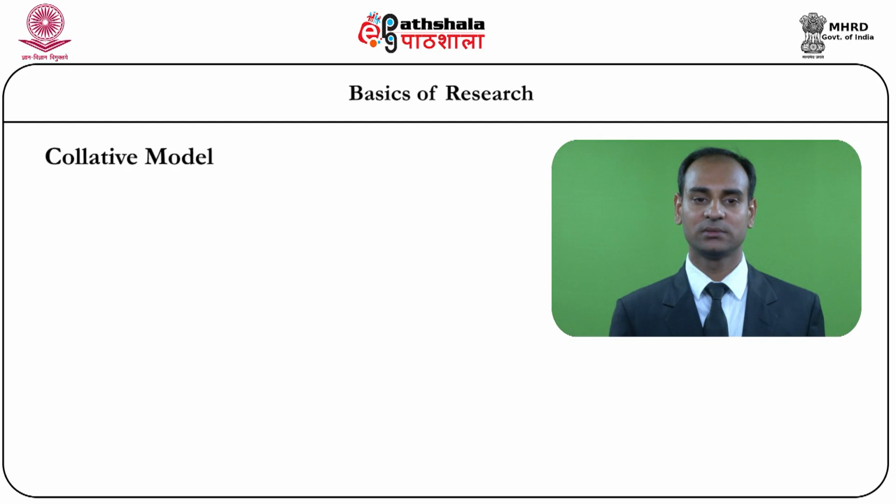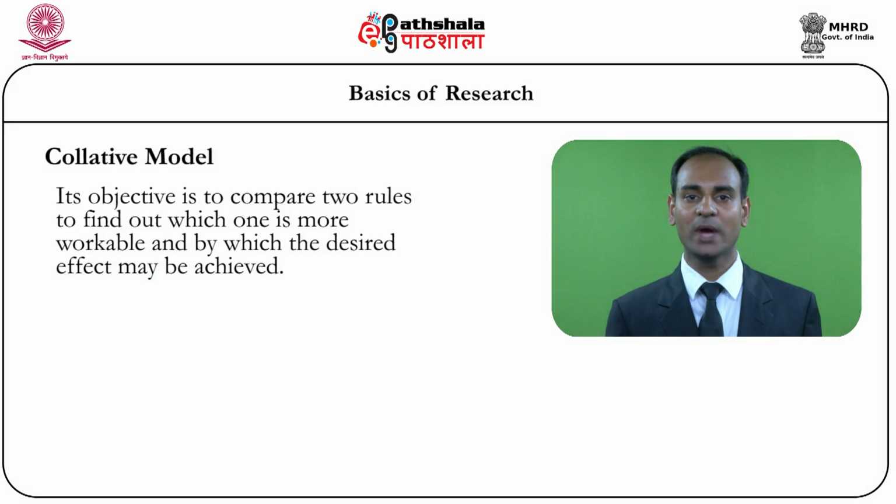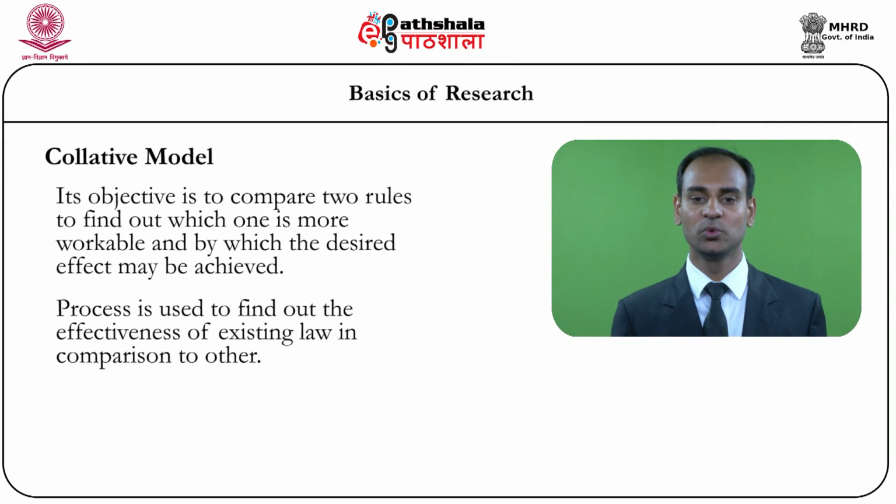Next is the correlative model. The correlative model makes the comparison between two existing laws, provisions of law, or models of law. Its objective is to compare two rules to find out which one is more workable and by which the desired effect may be achieved.